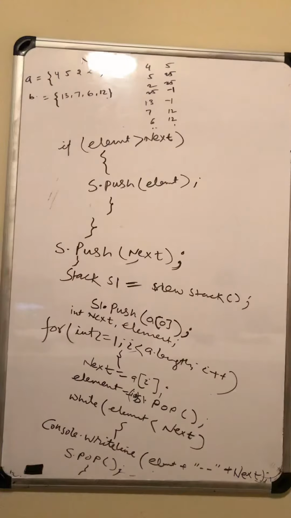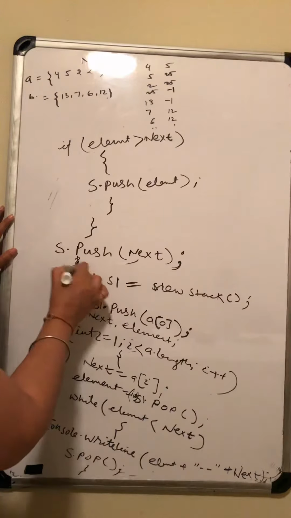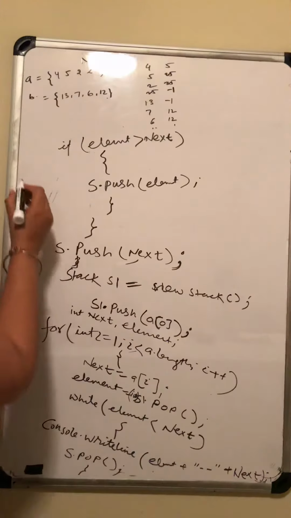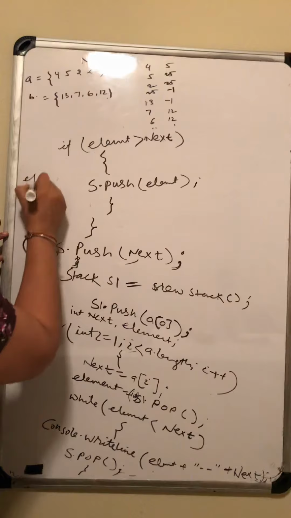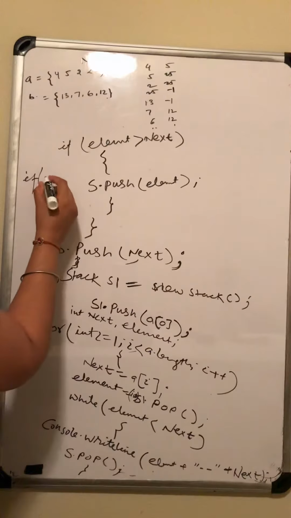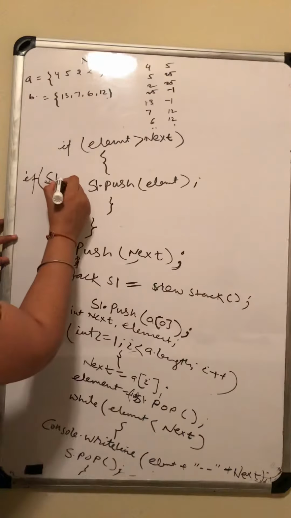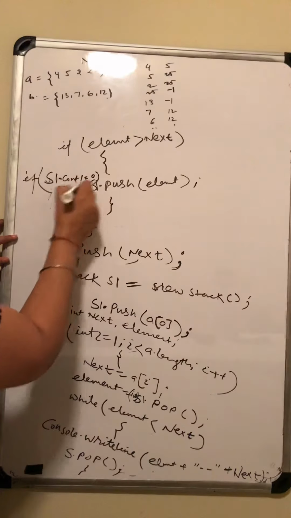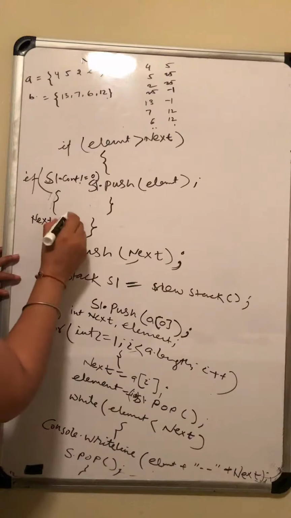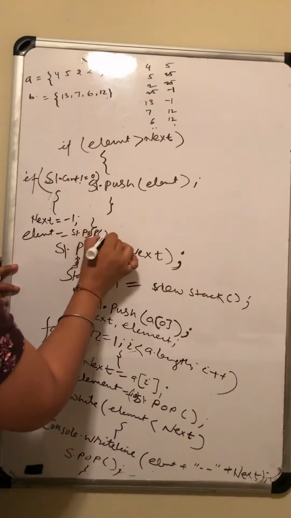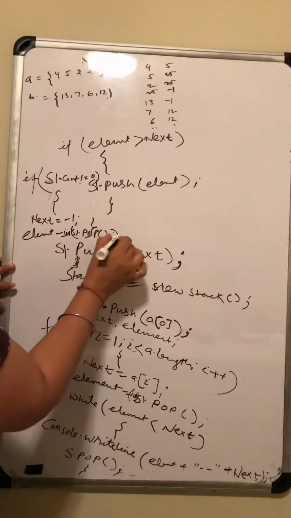After iterating over the whole array, if elements are left in the stack, that is, if s1.count is not equal to 0, then next is equal to -1 and element is equal to s1.pop.